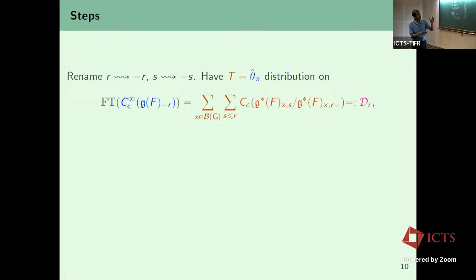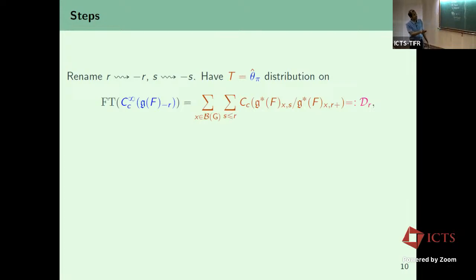Because minus R is our old R, and we wanted to study the character on G of f R. But we are now studying at the level of Fourier transform spaces, and it's a very elementary check to see that this space has this description. What is this saying? If a function has a very small support, then its Fourier transform is invariant under a large lattice. So the smaller the support of the function, the flatter the Fourier transform. That is what this is saying.